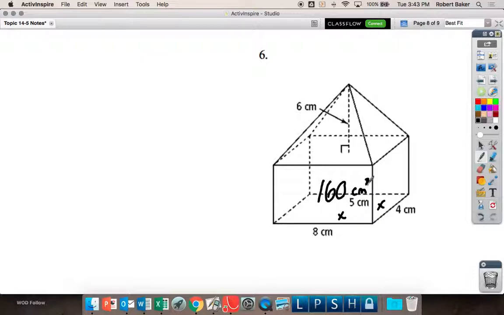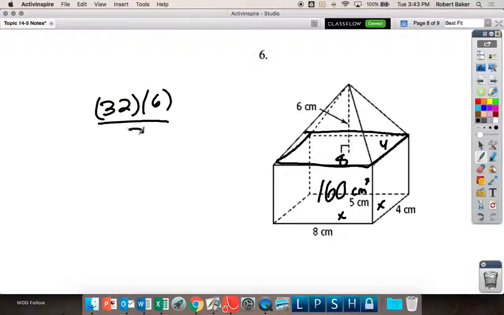Yes. Now, to find the volume of this shape: area of the base times height, divided by 3. 8 times 4 is 32. Does that 5 not look like it's on the back line? This 5 is the height.